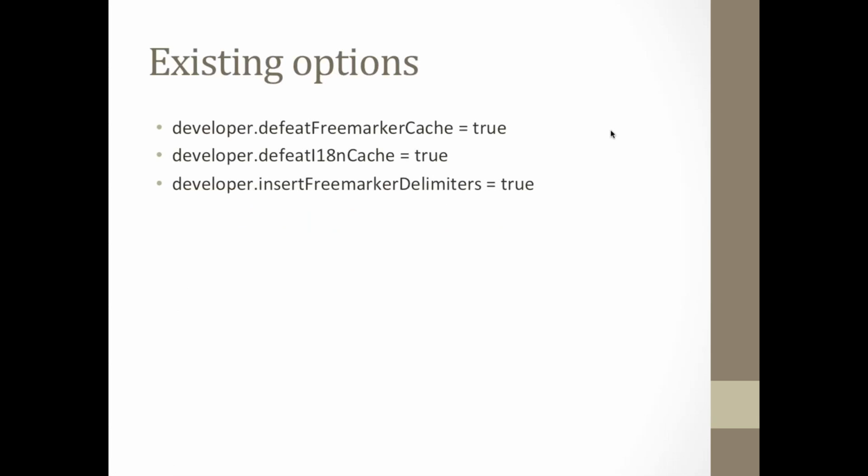The third one that's been put in is insert FreeMarker delimiters. And what this does, if it's true, is just put HTML comments into the code that's being generated by the templates. It actually puts those comments into the templates themselves, so that when the code is generated, if you do a view source from your browser, you'll be able to see an HTML comment saying, this is where head.ftl begins, and then a little bit later, this is where head.ftl ends.